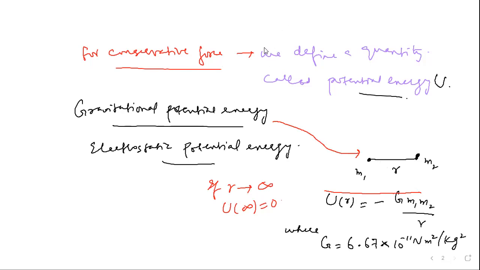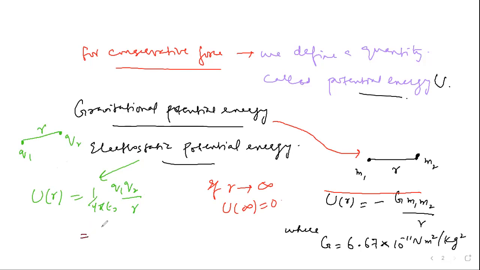Similarly, we talk of electrostatic potential energy. It has the same expression. If we have two point charges Q1, Q2 separated by distance r, then this point charge configuration possesses a potential energy given by 1 by 4 pi epsilon naught Q1 Q2 by r.